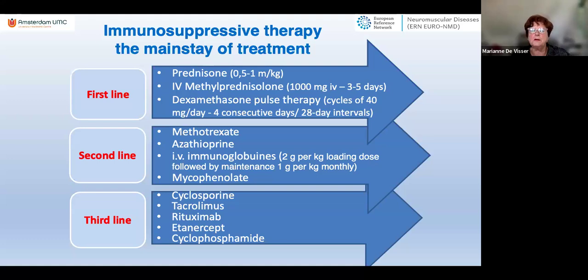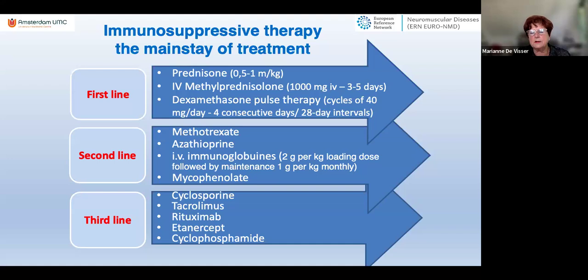If there has to be a fast response, one can give intravenous methylprednisolone, and we found that dexamethasone pulse therapy, also oral therapy, in cycles of 40 milligrams per day, 4 consecutive days on a monthly basis, is as good as prednisone, but associated with lesser side effects.